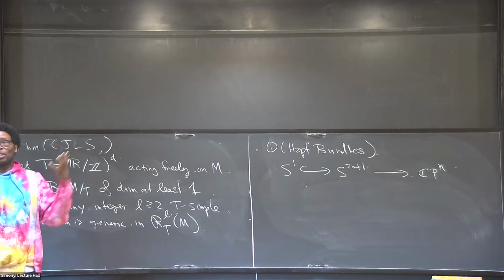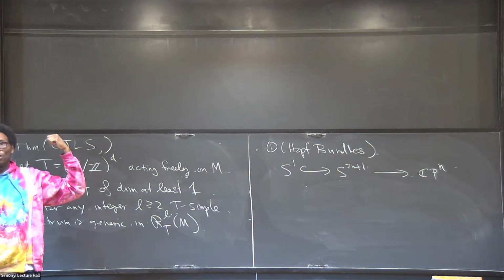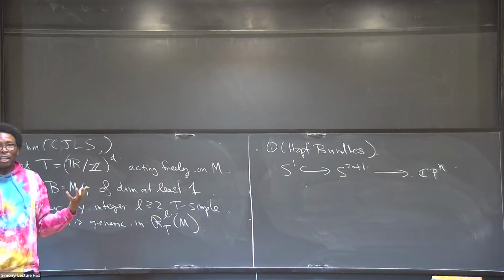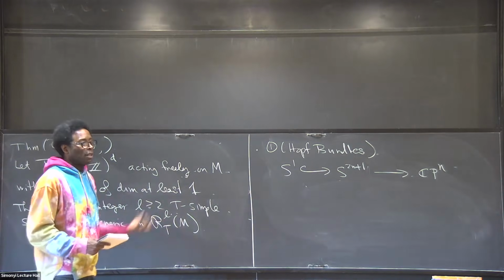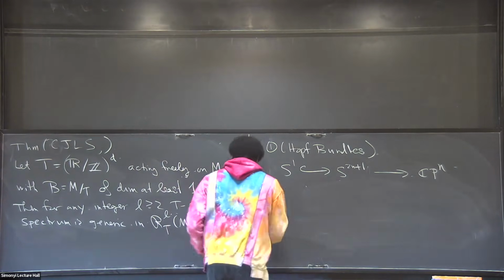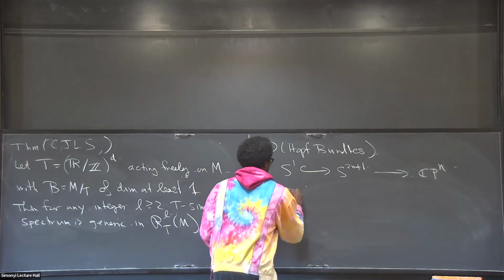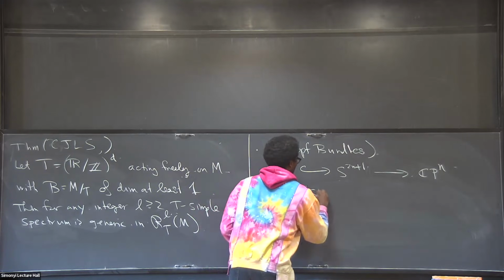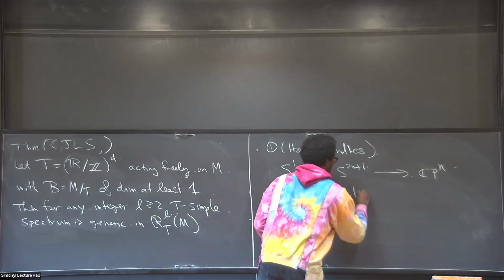Obviously, the round metric, the one we started out with at the beginning of the talk, does not satisfy this property. But if I'm looking at a generic S1 invariant metric, I do get that it's true. Example 2: you could look at, let's say, 2-step nilmanifolds.